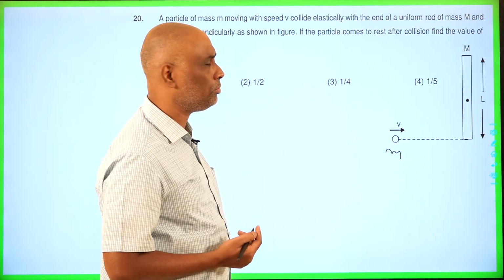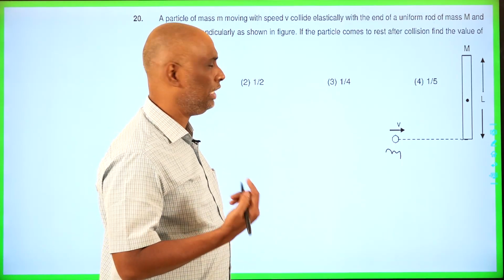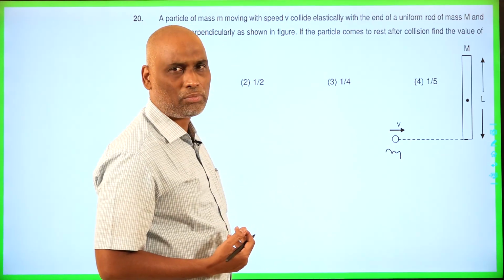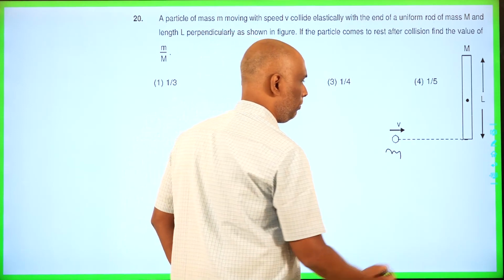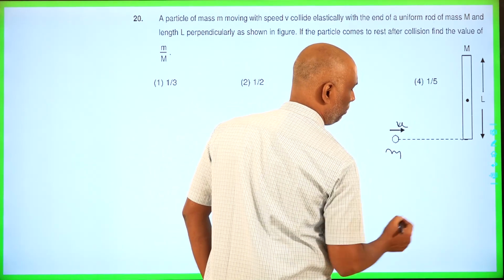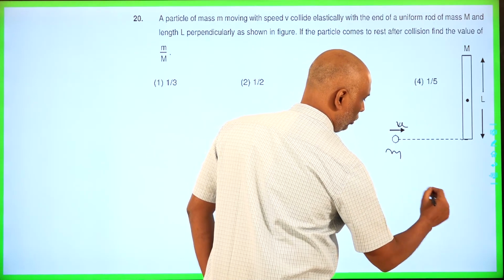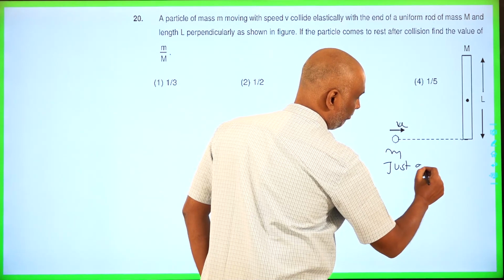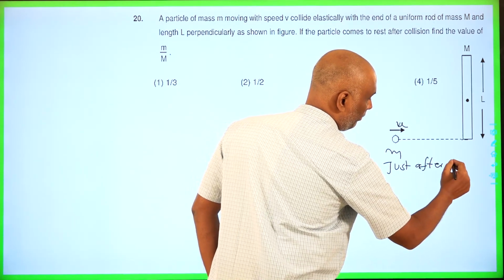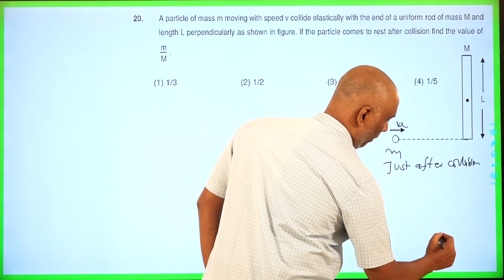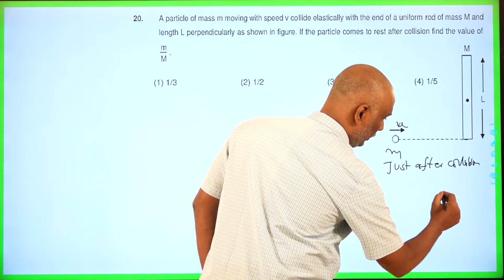Let us imagine that it is moving with some velocity. Here the initial velocity is given as v, so I will consider this velocity as u instead. This is the initial position. Just after collision, the particle is coming to rest.